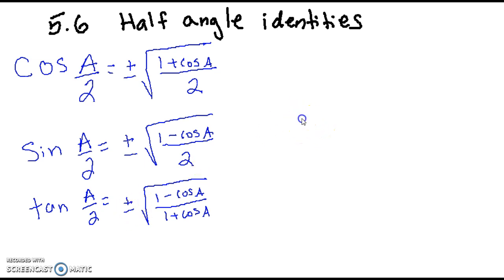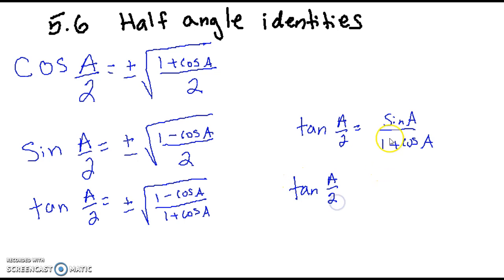For the other 2, we don't need to do that. So sine of A over 1 plus the cosine of A. This is also a little bit better because there is no radical. And we can flip our fraction, so I can multiply by the reciprocal. If I have the cosine on the top, it's actually going to be 1 minus cosine of A all over the sine of A.